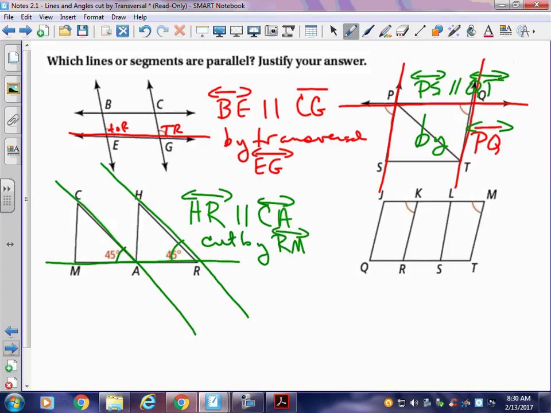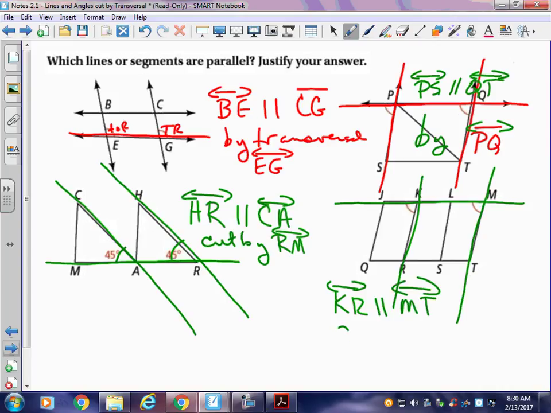Alright, and our last example here on this page, if you look at that, it's still corresponding. Every one of these was corresponding. It's just different kinds of lines. So KR is parallel to MT and is cut by the transversal JM.